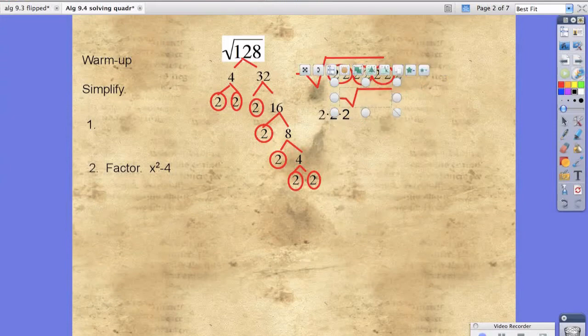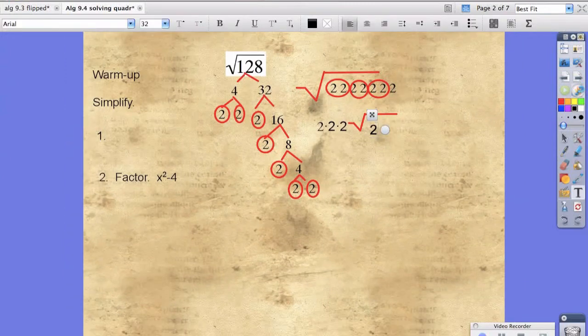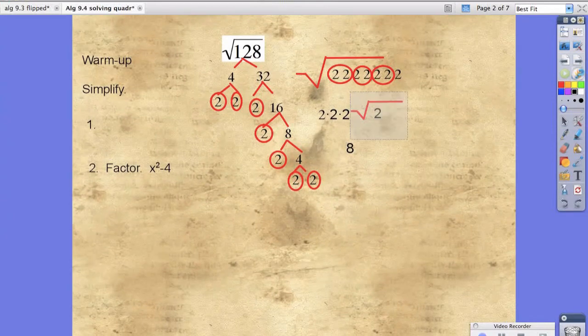So we have 1 2 left inside the square root, so we're going to bring that along. So 2. And then just to confirm, 2 times 2 times 2 is 8. Our final answer should be 8 square root of 2.